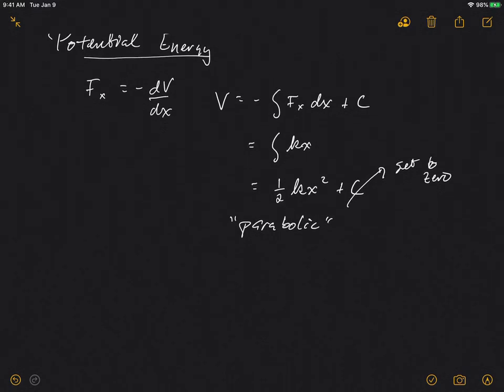Okay, and then before we go much further, we're not going to be looking at atoms attached to a wall necessarily. We're going to be more interested in isolated molecules.